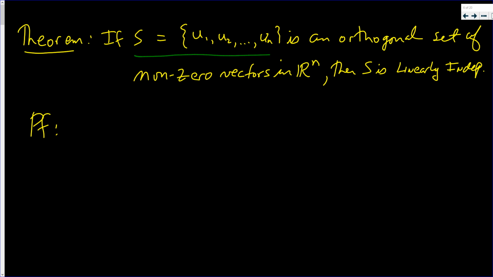If this set S is an orthogonal set of non-zero vectors in R^n, then it must be linearly independent. So I need to show that S is linearly independent.